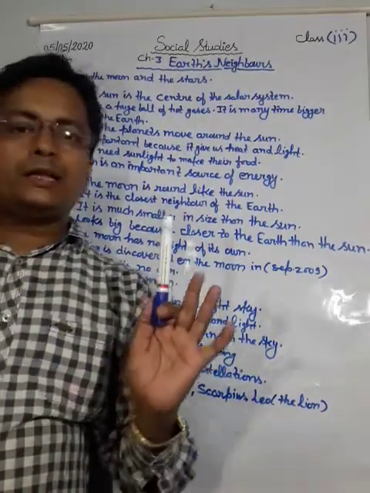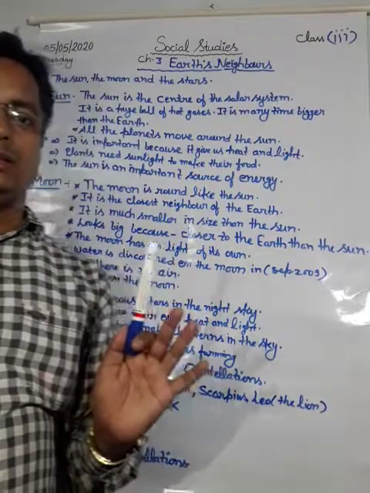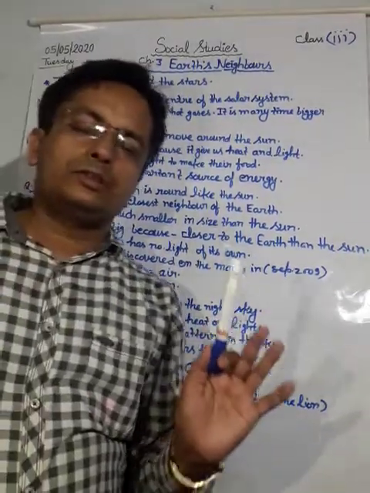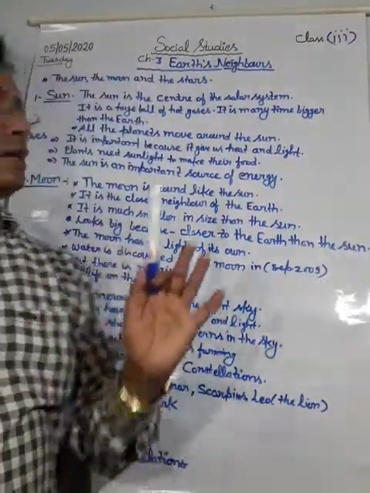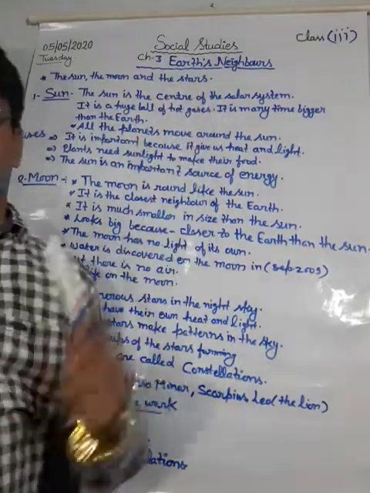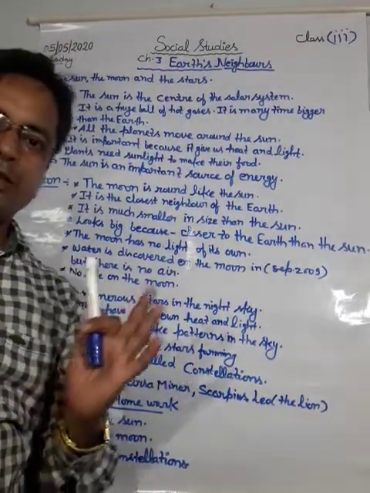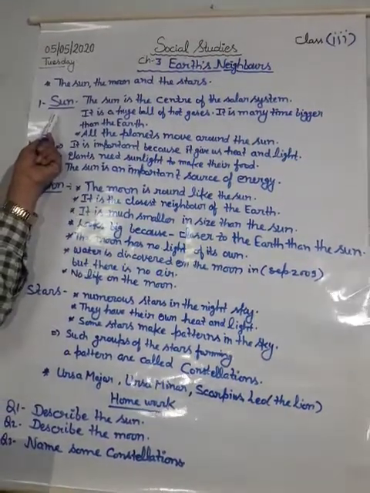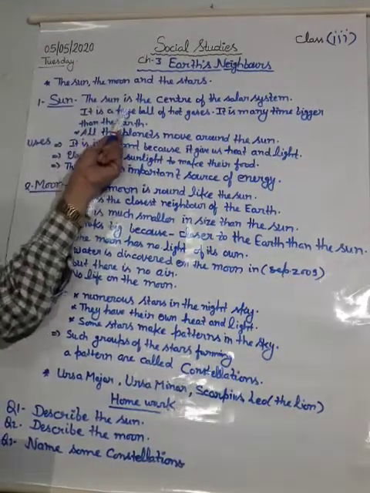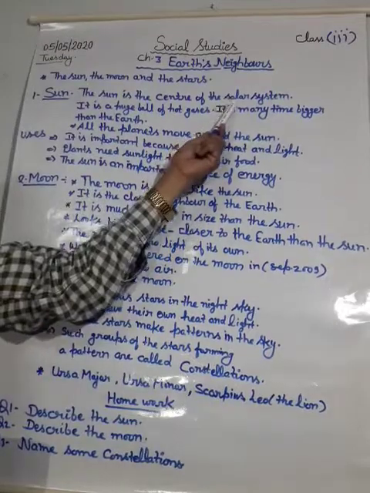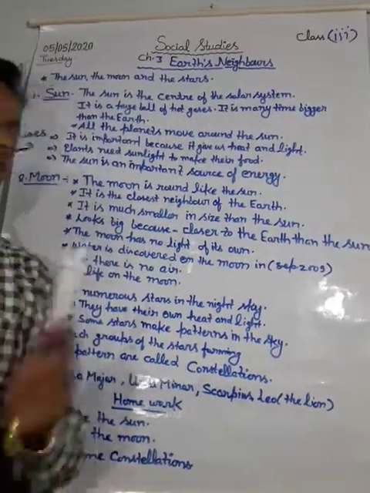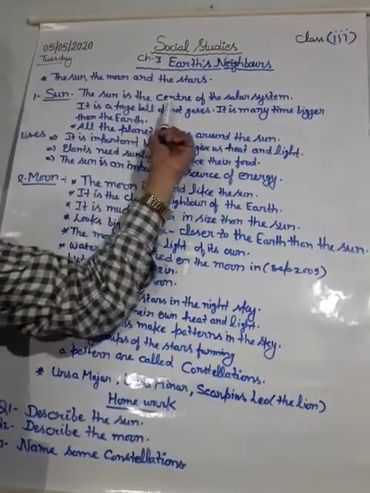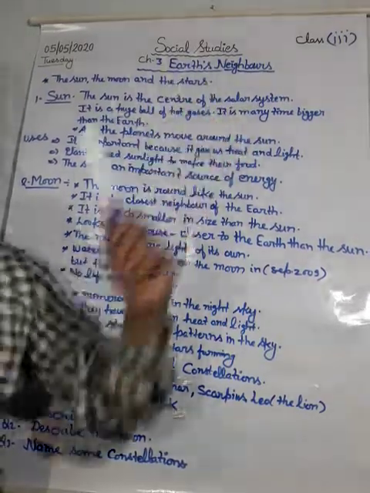So, today we will study about the sun, the moon, and the stars. Are you ready? First one is the sun. Dear student, the sun is the center of the solar system.